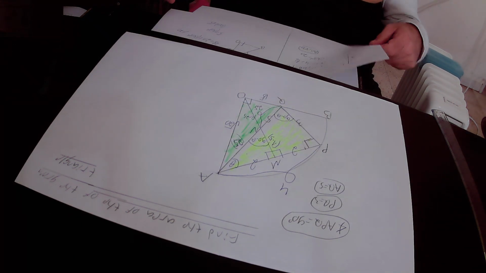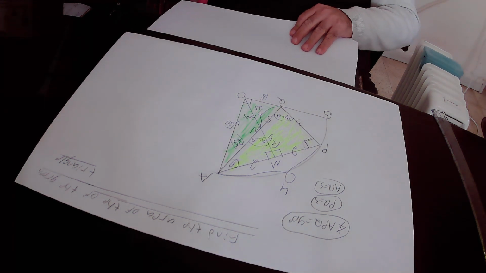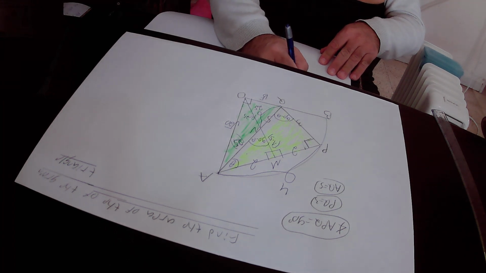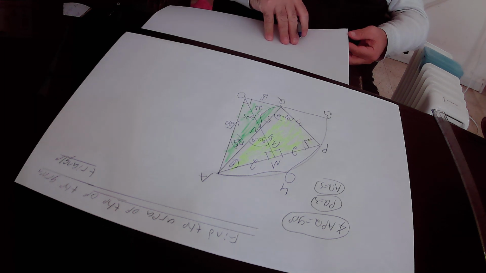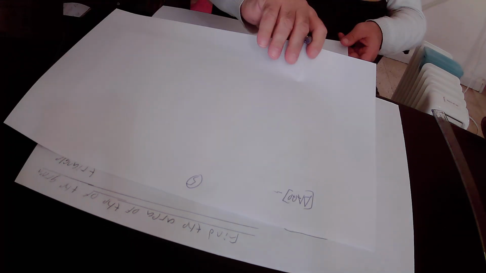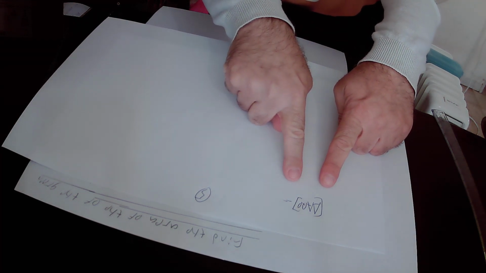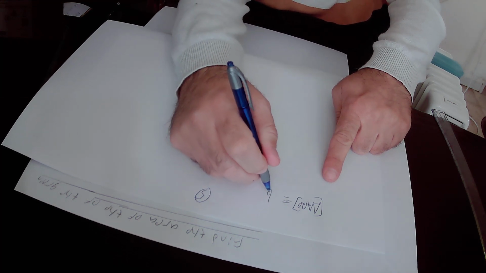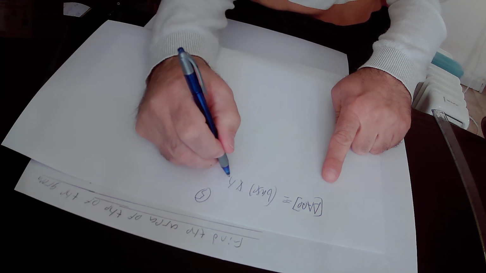Now it is very easy to find out the area of the green right triangle AQO. Here the square brackets is the sign for the area. It means the area of triangle AQO equals, the area of any triangle equals the base of the triangle times the height to the base over 2.